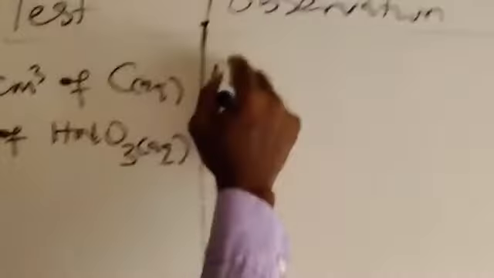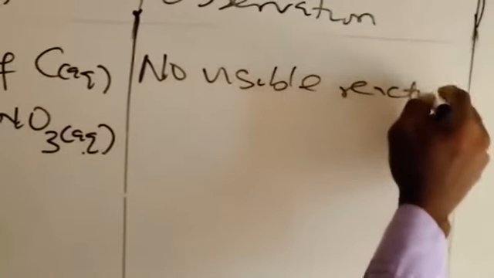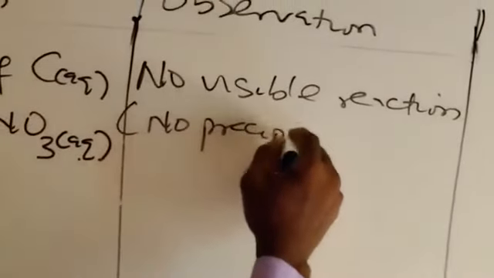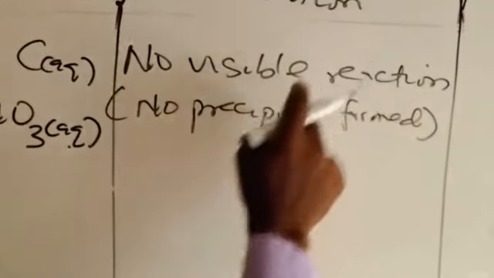There was no visible reaction. Look at it, the solution remains clear. No reaction, no PPT formed. So we report our work. Observation, we write no visible reaction, or in bracket we write no precipitate formed. Any of these two can go.